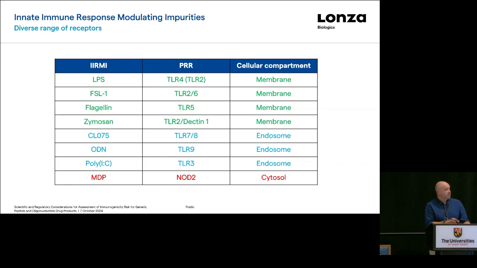And then we've got some in the endosome, things like CL075, ODN, and poly-IC. And then finally, MDP is currently the only reasonable one we have in the cytosol. So I think when you select your ERMI panels to go forward into these studies, it's important that you cover at least one from each of these areas. And I think that's an important thing to note.